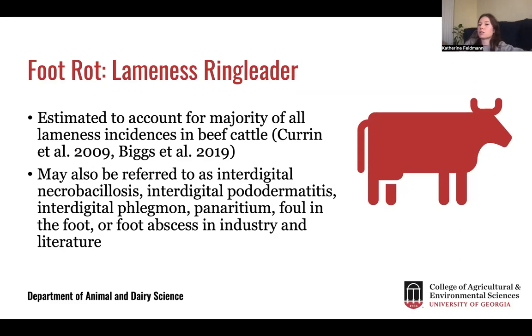And it's also important to know when we're discussing diseases in general, most diseases often have multiple terms and they all mean the same thing. So when I was looking at literature, it was often referred to as interdigital phlegmon. If you ever watch the TikTok videos of the hoof trimmings and dairy cattle, and they're talking about foot abscesses, a lot of times that's caused by foot rot. So it's kind of the same thing.